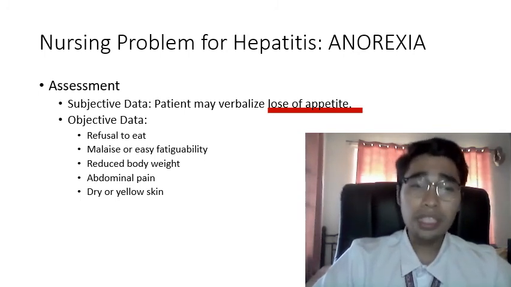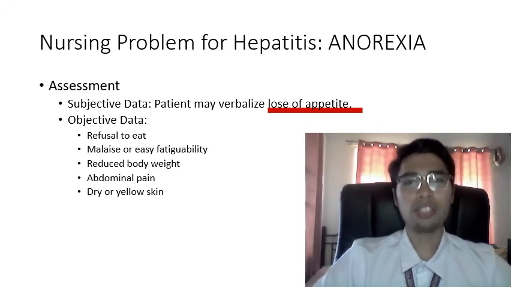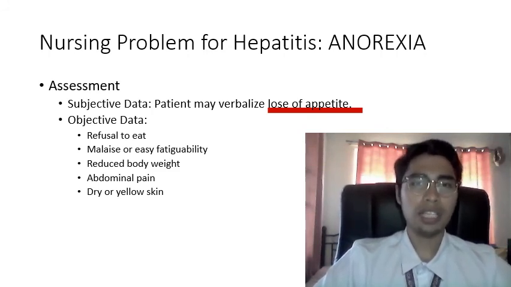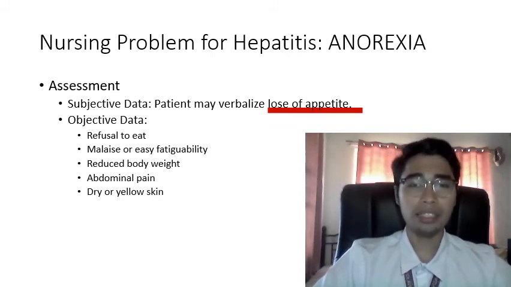They will be weak because of malnutrition and they will be fatigued and have reduced body weight because of malnutrition, abdominal pain because of infection and the inflammation of the liver, and dry or yellow skin because the liver cannot metabolize the bilirubin properly. Okay.